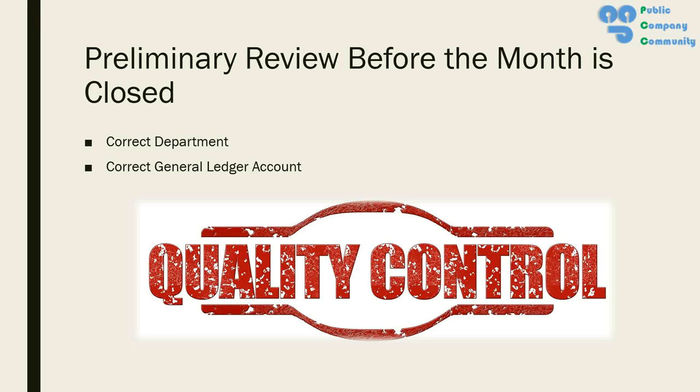So to ensure that everything's in the correct department, one thing that I've found is that department managers are very sensitive to having actual costs from other departments hitting their department. From an accounting standpoint, we may think, well, who cares if a $50 charge is hitting the wrong department? We might say it's not material. Well, to the majority of the department heads, they do care.